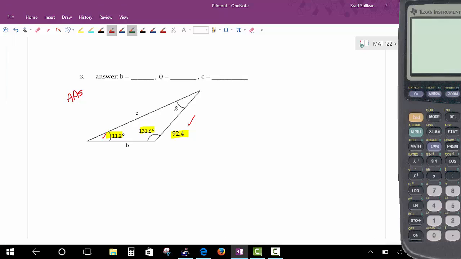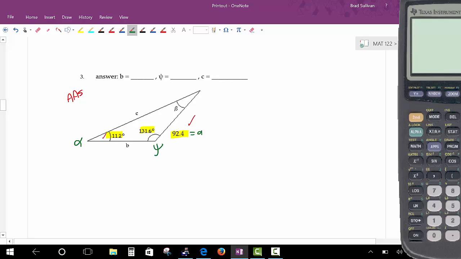I'm going to make sure I got everything labeled. I guess I didn't label this very well. So this one is going to be gamma because that's opposite C. This is going to be angle alpha. Then this is going to be side A. So now I've got everything I need.